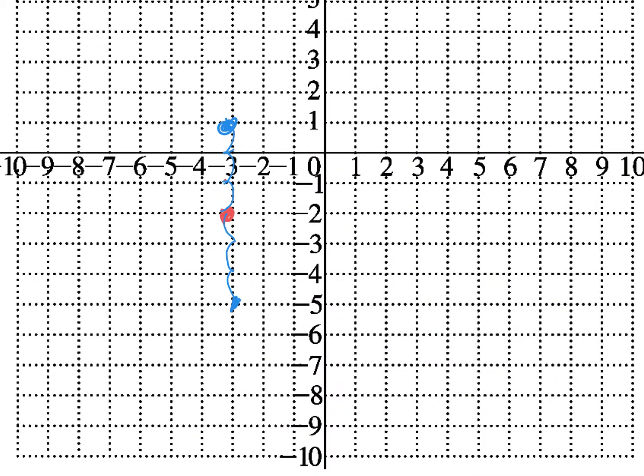So I go to the center, 1, 2. And there's my box. Let me use the yellow now. There's my rectangle that I will use.